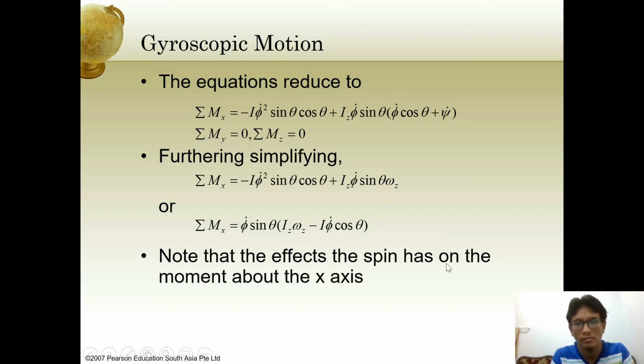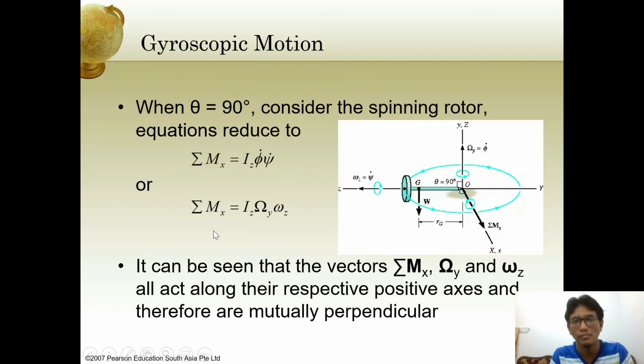So note the effect that the spin has on the moment about the axis. Right here, the moment is affected by the spin. So when you increase the spin, the moment will increase. Same goes with the precession. When the precession is increased, the moment will increase.